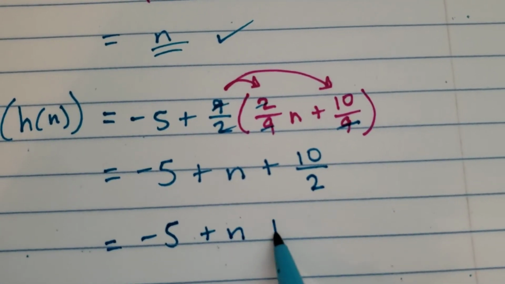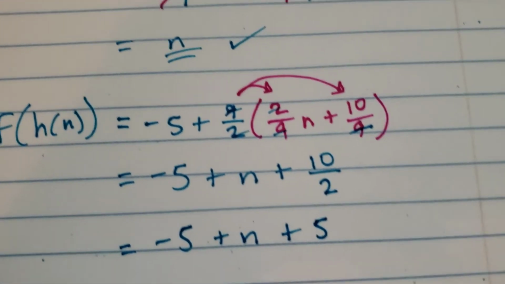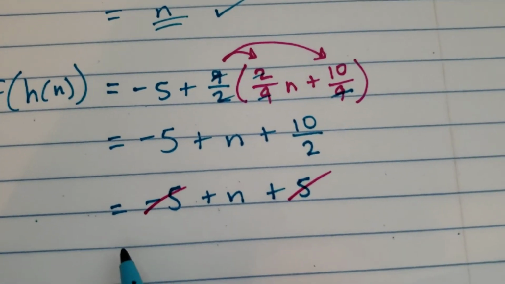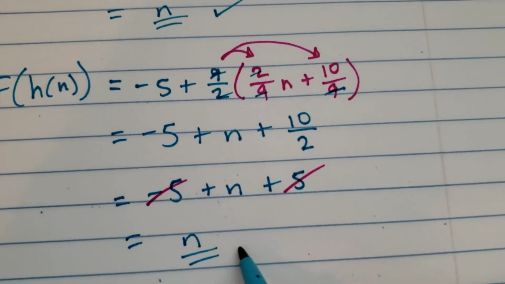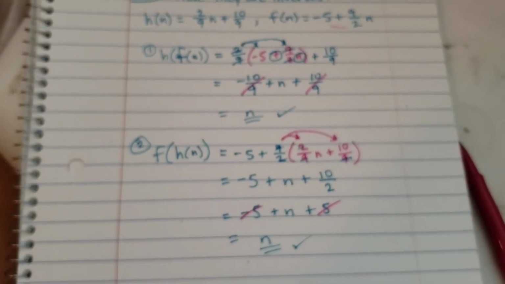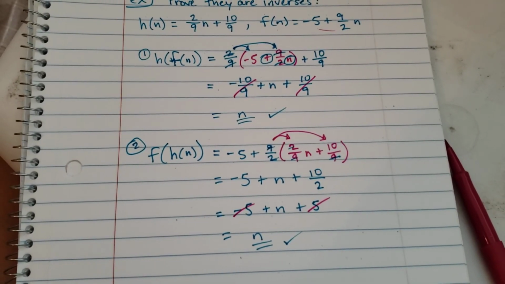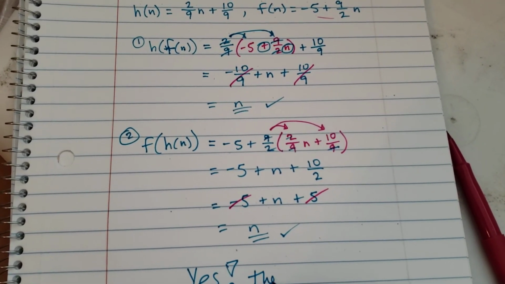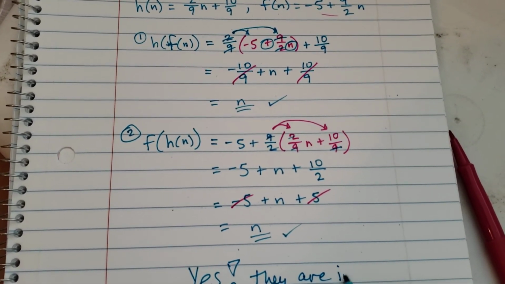Negative 5 plus n plus 10 divided by 2, which is 5. What do we see happening there? A negative and a positive cancel, and I am left with just n. So I got n here, I got n here, did composition both ways. What does that prove? That, yes, they are inverses.